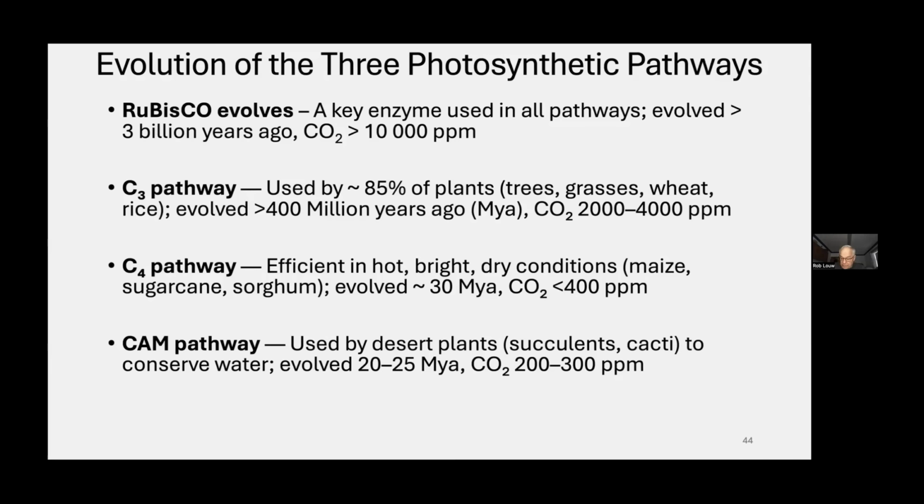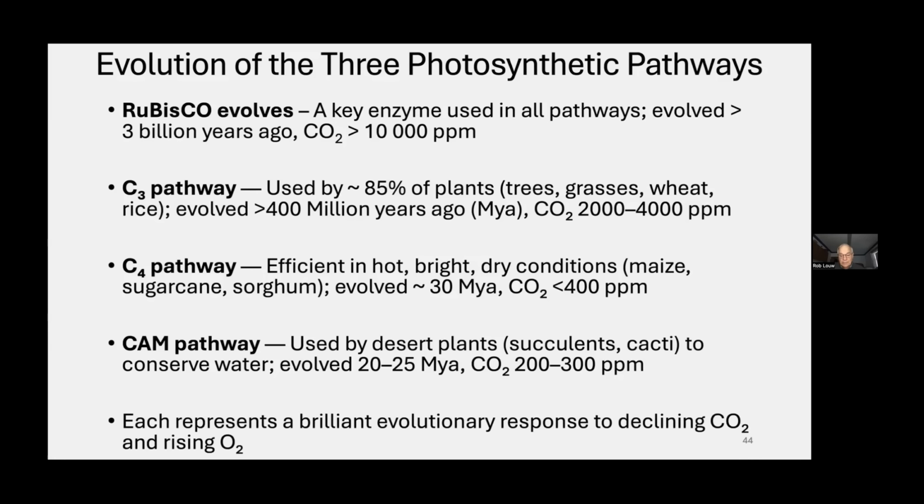But the CAM pathway has worked a clever way to get around that. And each of these represents a brilliant evolutionary response to declining CO2 and rising O2. I mean, in a nutshell, oxygen is actually a poison for plants.